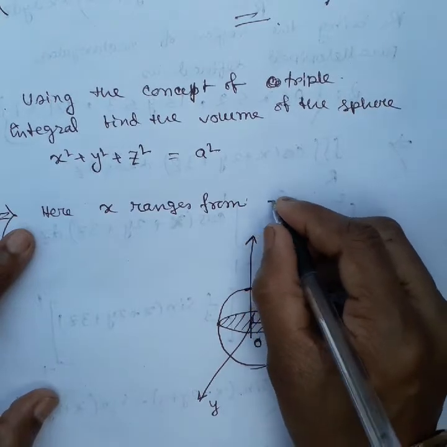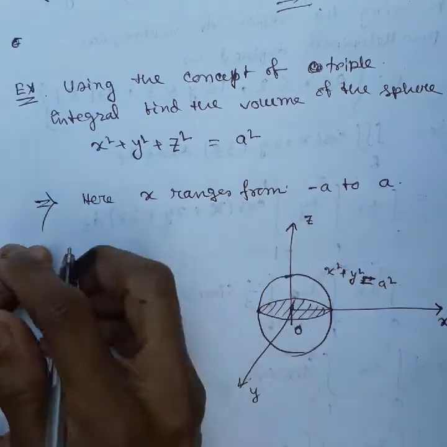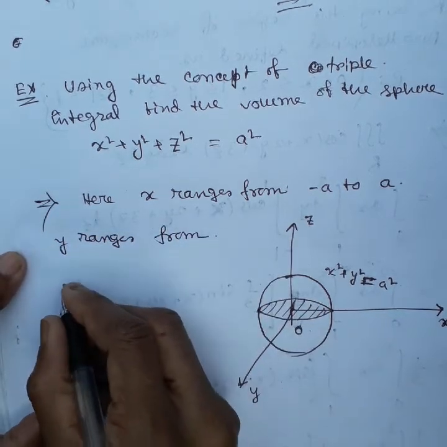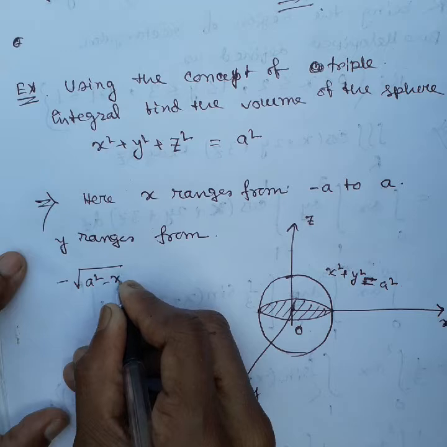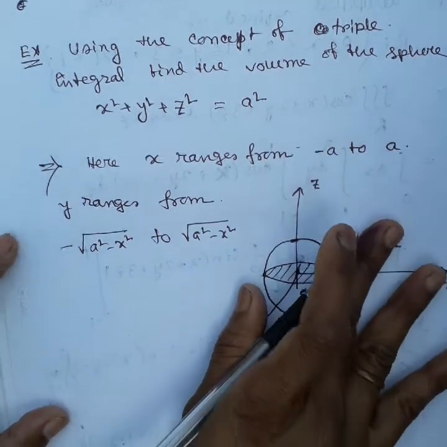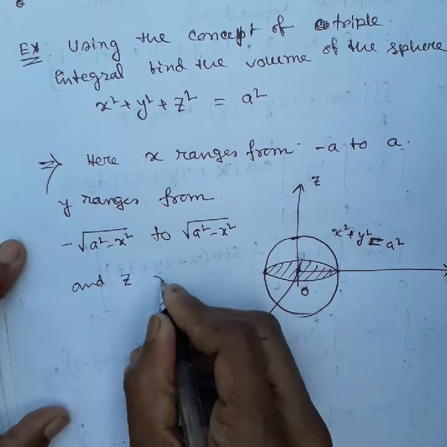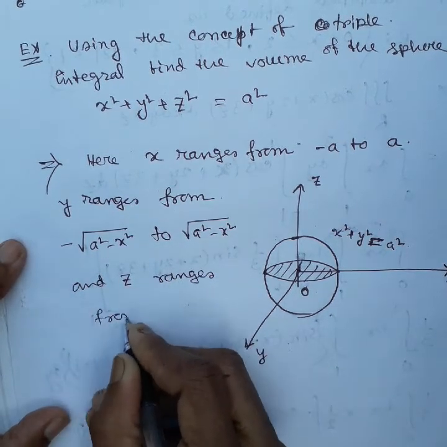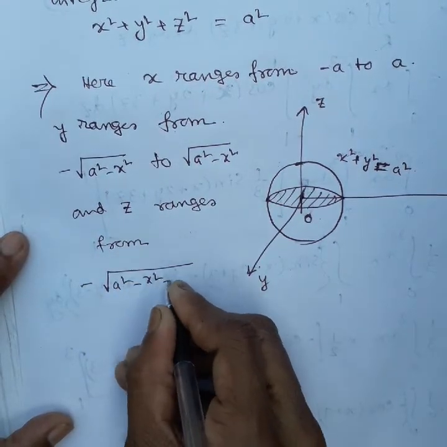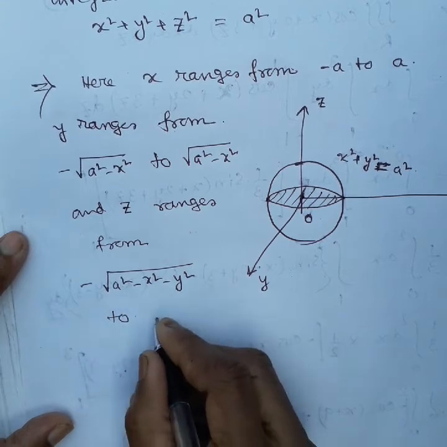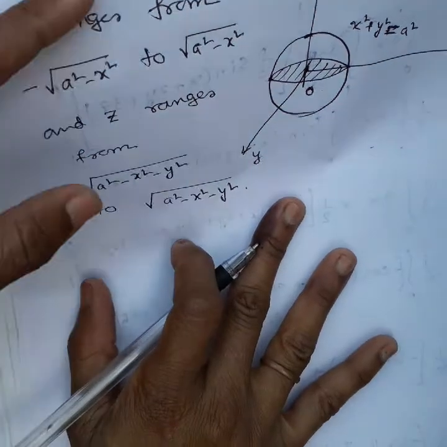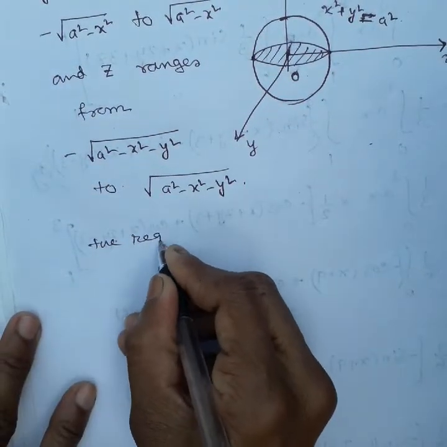So here x ranges from minus a to plus a, y ranges from minus root of a square minus x square to plus root of a square minus x square, and z ranges from minus root of a square minus x square minus y square to plus root of a square minus x square minus y square.